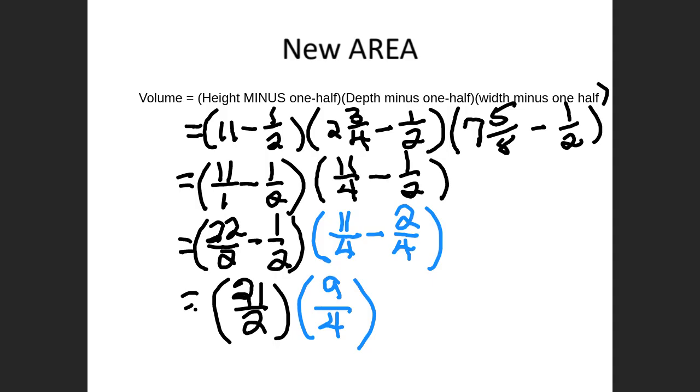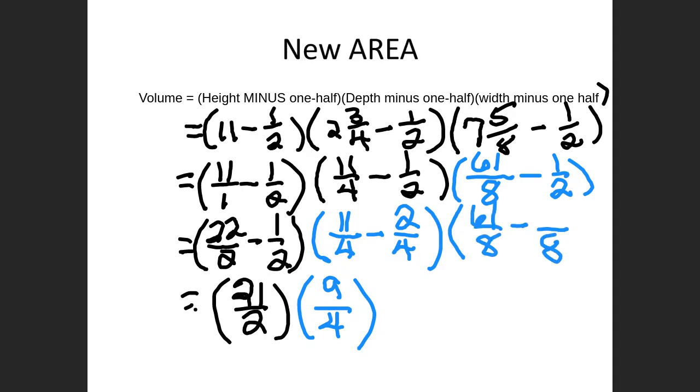Now, I have the last one to do. Well, this was 61 over 8 minus 1/2. The common denominator here is 8.